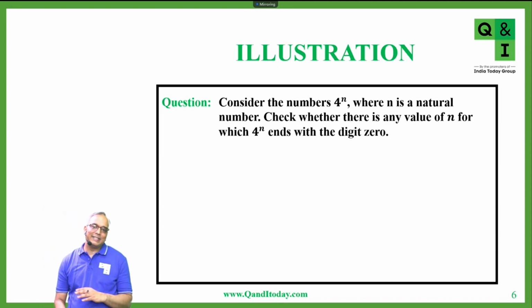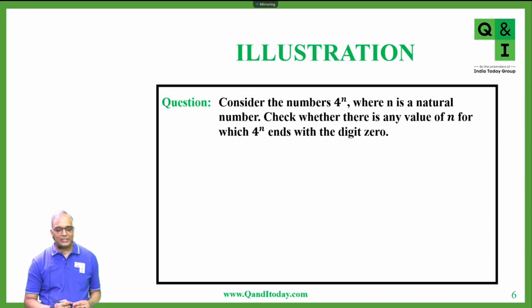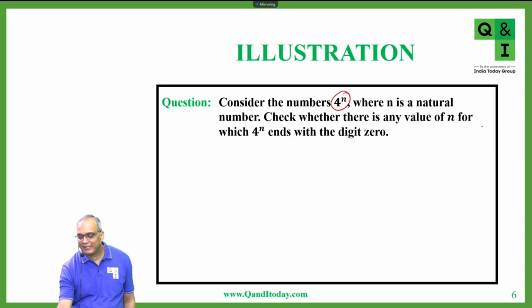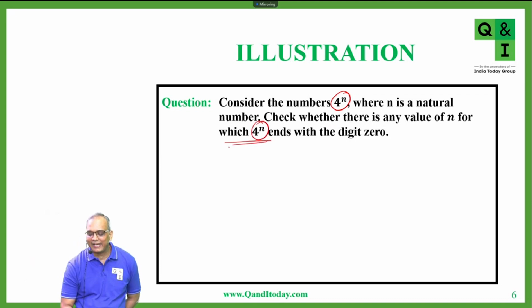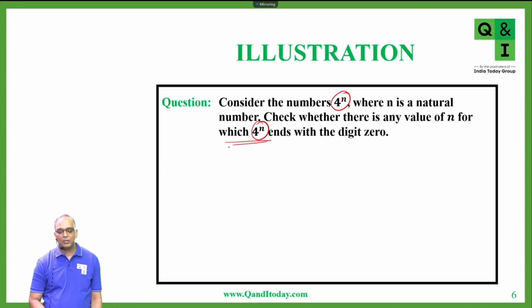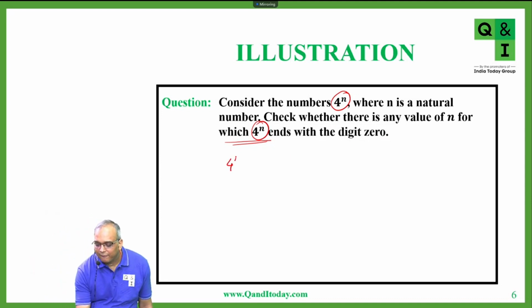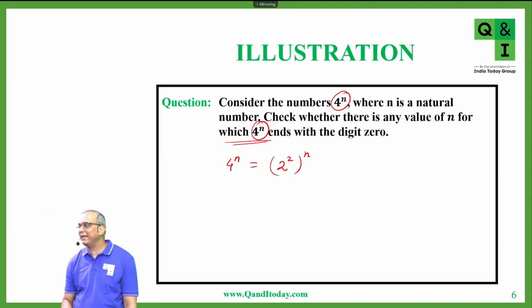Now the first example in your NCERT, if you see, is consider the number 4 raised to the power n, where n is a natural number. Check whether there is any value of n for which 4 raised to the power n ends with digit 0. So we have to check whether 4 raised to the power n ends with 0. 4 can be written as 2 square raised to the power n.